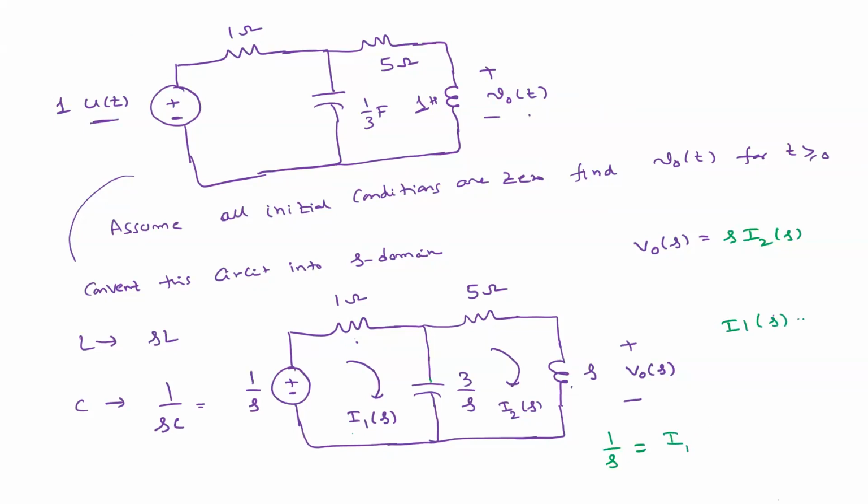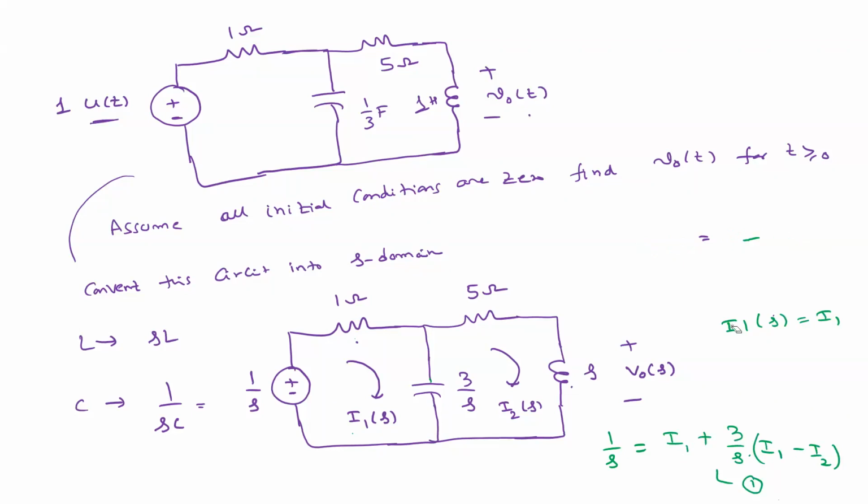So this is I1 plus 3 by S into I1 minus I2. Agree? So this is the first equation.